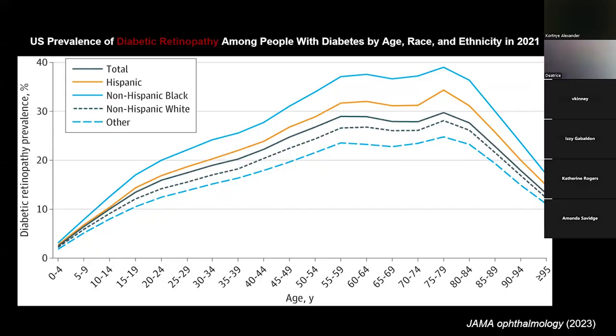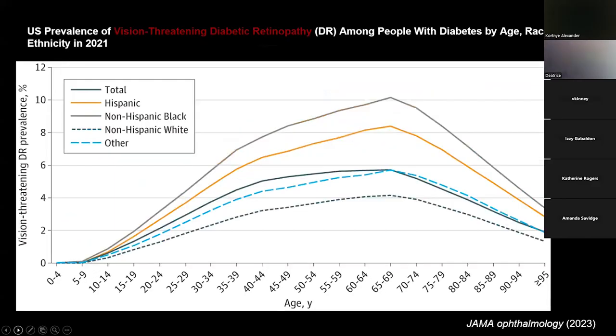This is talking about diabetic retinopathy across all different stages, and there are different colors indicating their ethnicity background, but we don't have to go through those details.